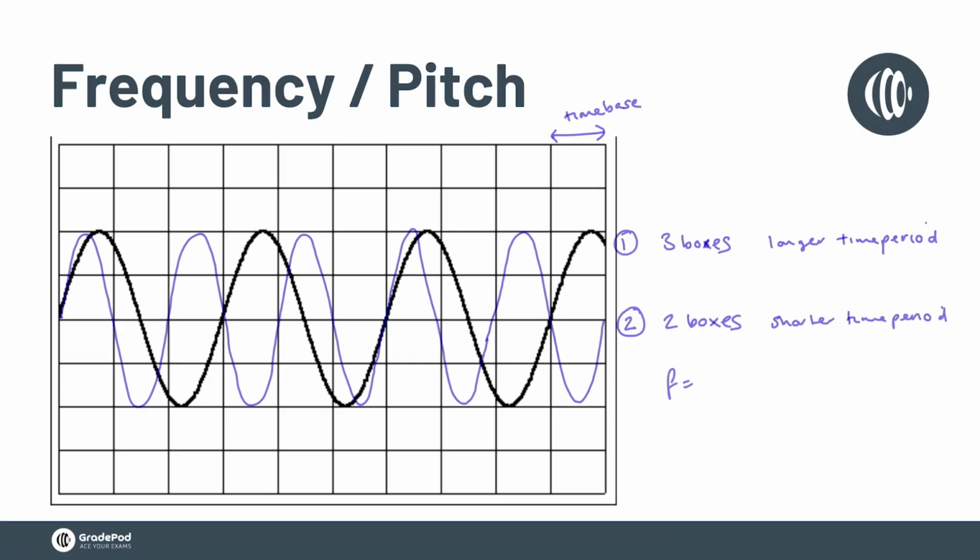Given that f equals 1 over t, that means that wave 1 has a lower frequency, and relative to that, wave 2 has a higher frequency. So wave 1 might sound like this, la.